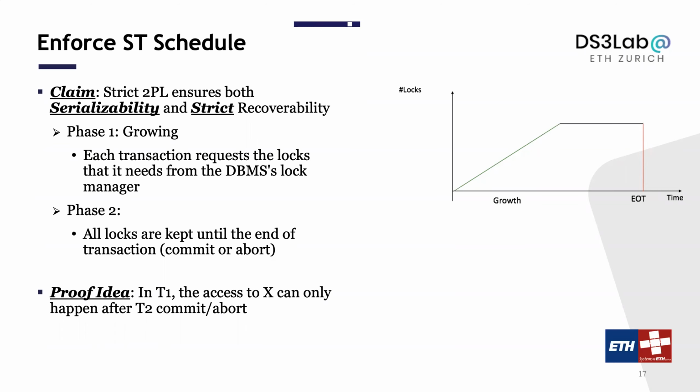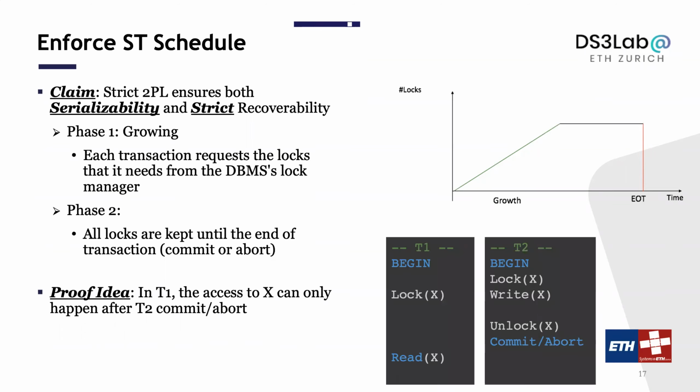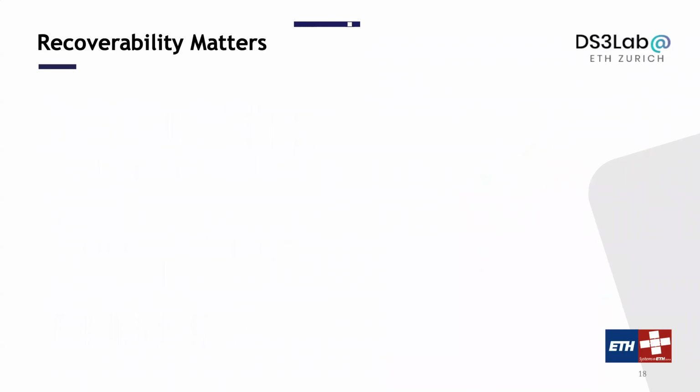This is the high-level idea if you want to prove it precisely. As one example, assuming T1 wants to read from T2, I need to wait until T2 releases the lock, and T2 will not release the lock until the end of the transaction. So this structure is enforced by this locking strategy.